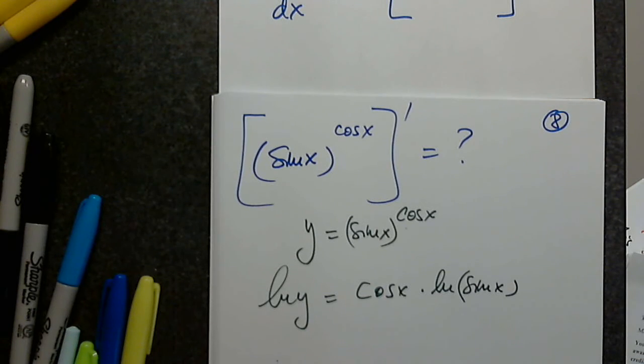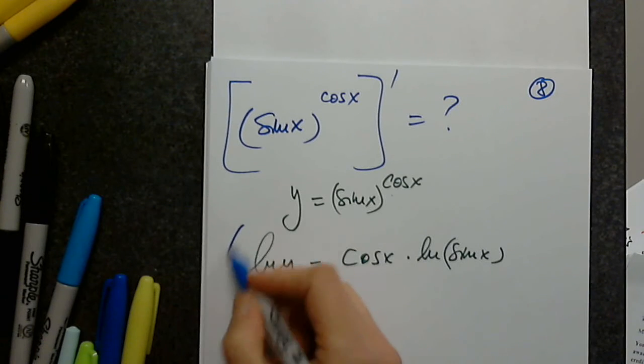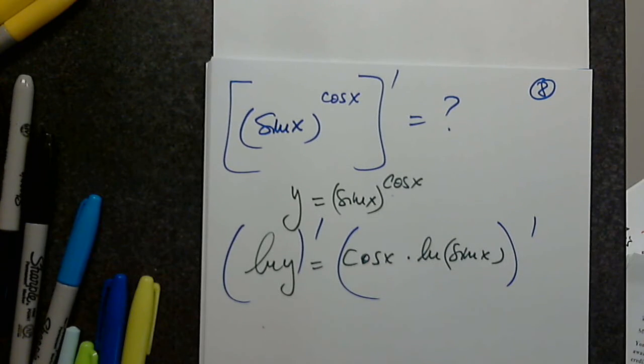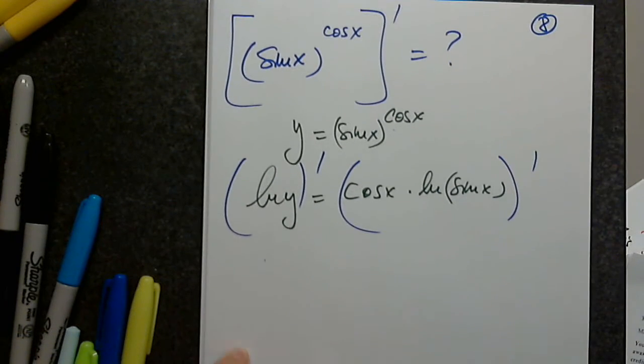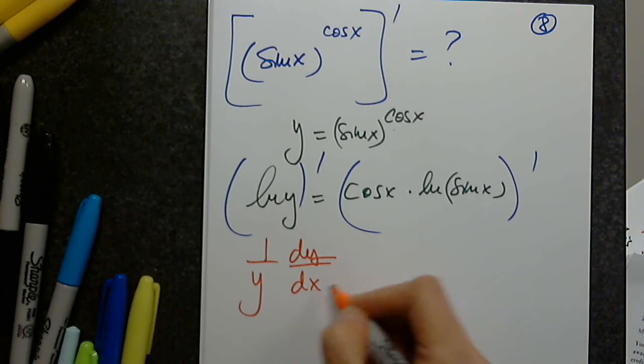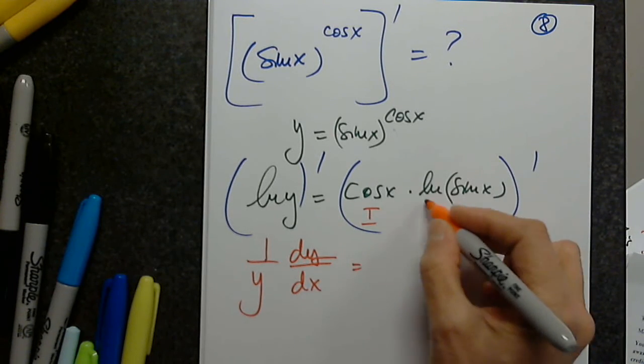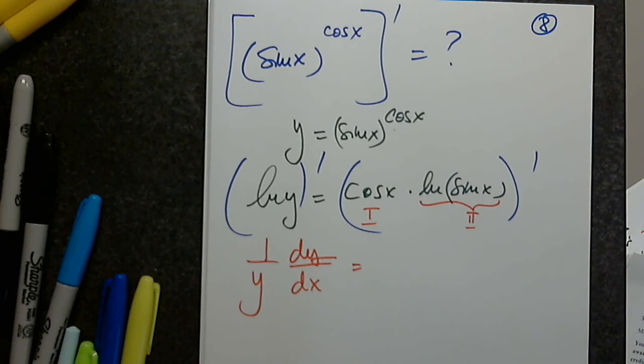And now, keep it as an equation. This is not an expression. I differentiate the left and I differentiate the right. Also, keep in mind the fact that y is a function. So what do we get on the left? 1 over y times dy dx. Now we have to be careful on the right-hand side because this is a product of two functions. This is the first function and this is the second function.